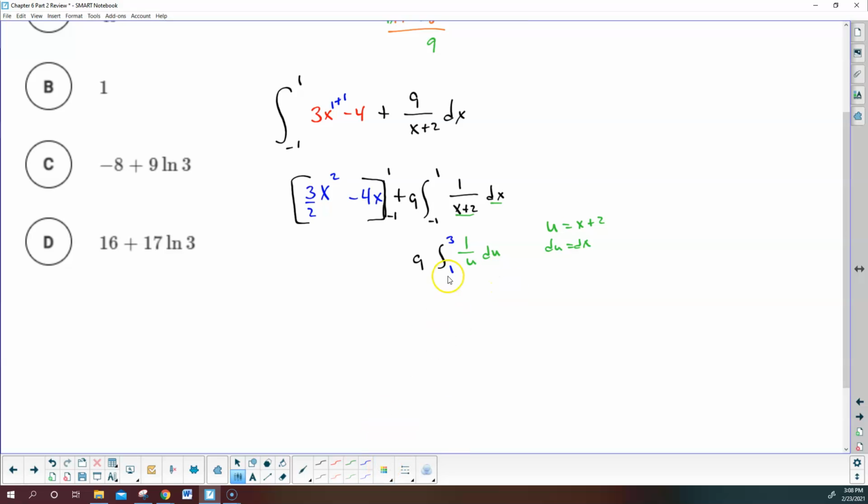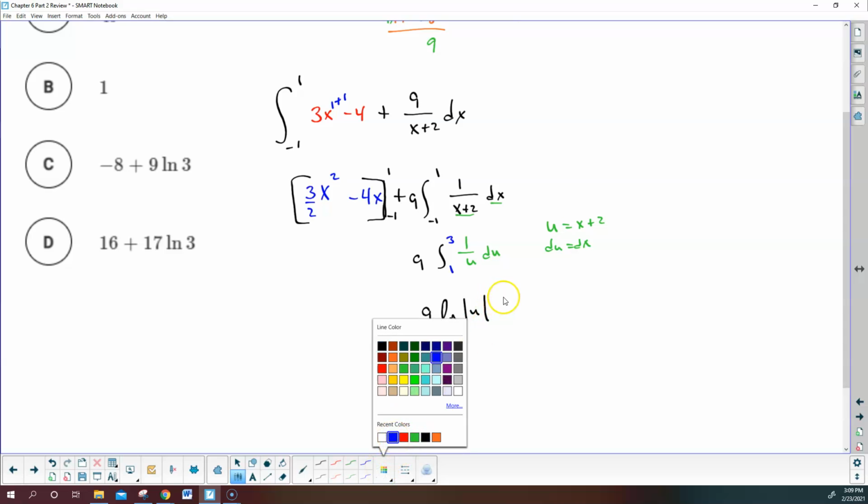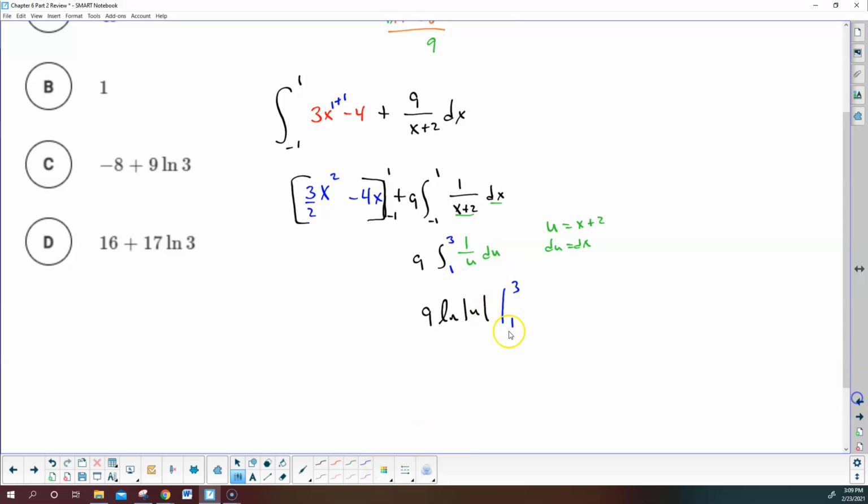So then I can take the antiderivative, which gives me 9 natural log of the absolute value of u, and then we're going to evaluate that from 3 to 1. So 9 ln of 3 minus 9 ln of 1. Notice the absolute value bar is important there.